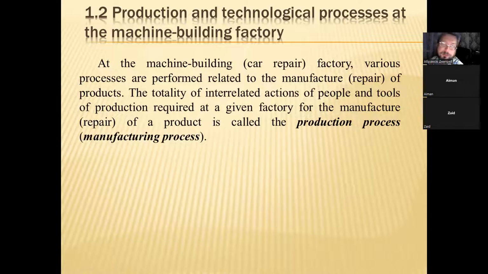At the machine building or car repair factory, various processes are performed related to the manufacture or repair of products. The totality of interrelated actions of people and tools of production required at the given factory for the manufacture or repair of a product is called the production process or manufacturing process.